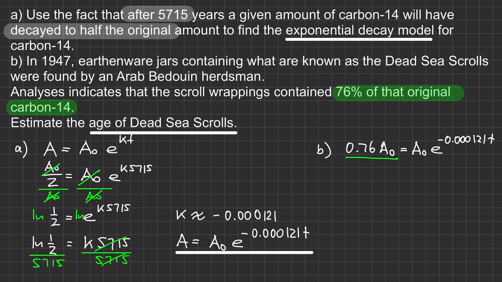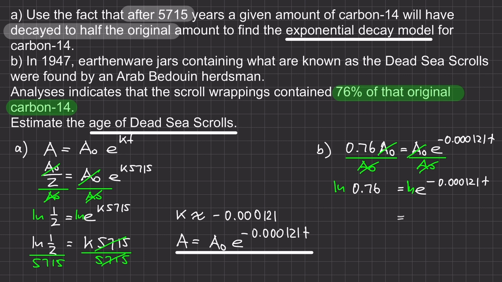After dividing both sides by A0, we get 0.76 equals e raised to the power of the negative of 0.000121 times t. And after taking the natural logarithm on both sides, we get ln of 0.76 equals ln of e raised to the power of the negative of 0.000121 times t.